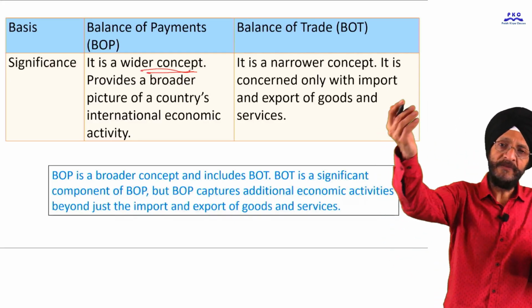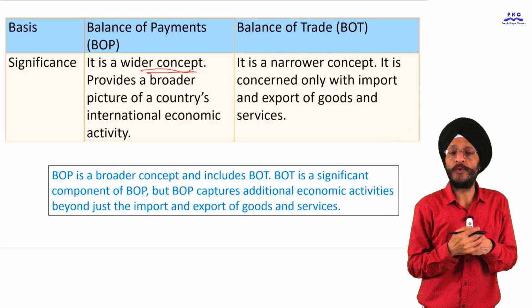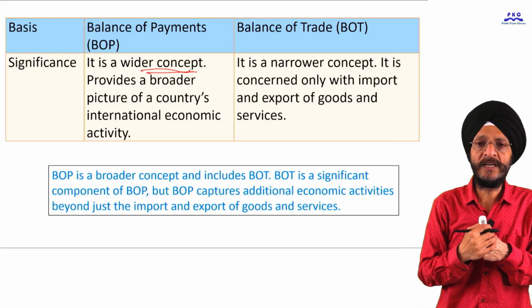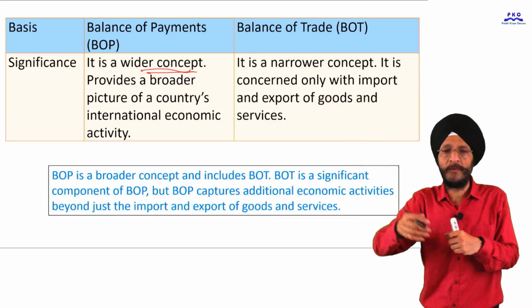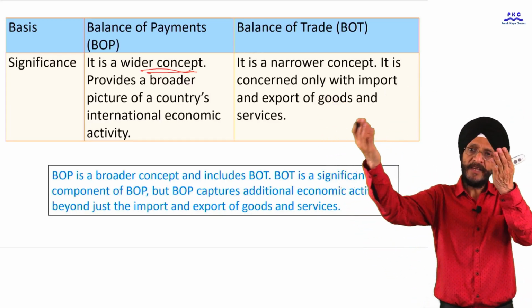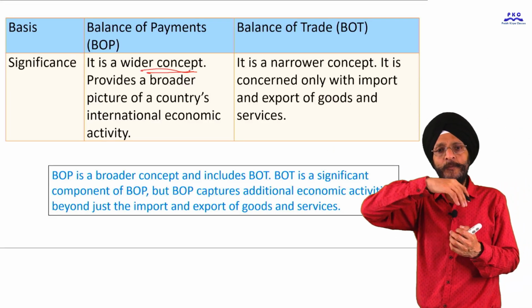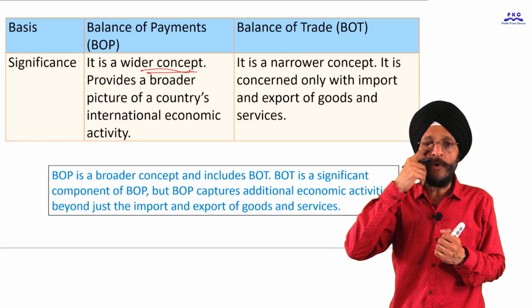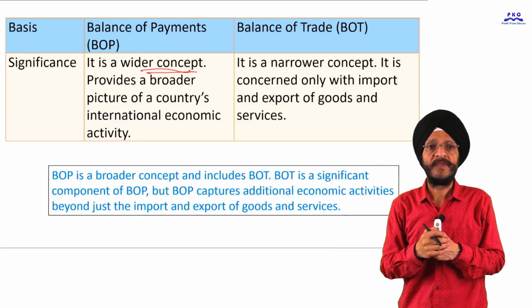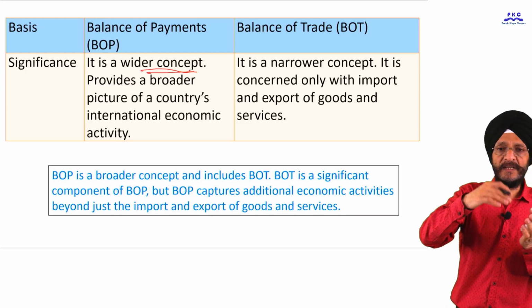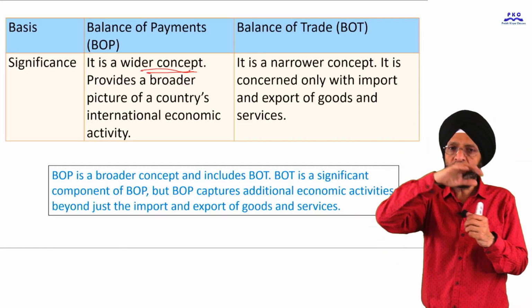It will also show the position with regard to unilateral transfers, whether we are receiving more or paying more in the form of unilateral transfers, whether income received from investments is more or we are making more payment to foreigners in the form of income on investments. And we will also understand whether capital transfers are more or less.